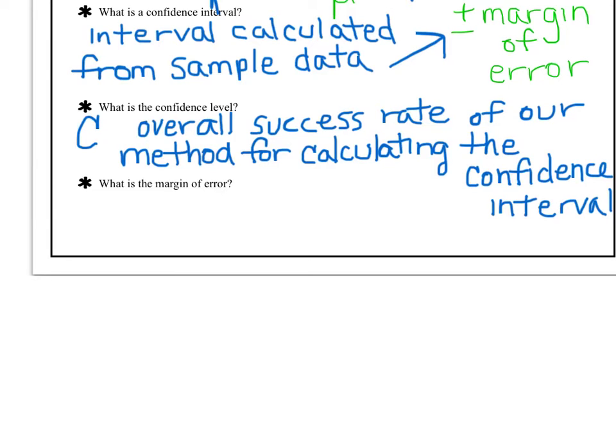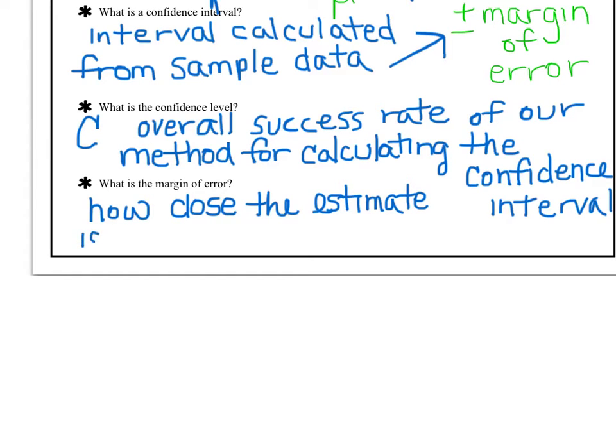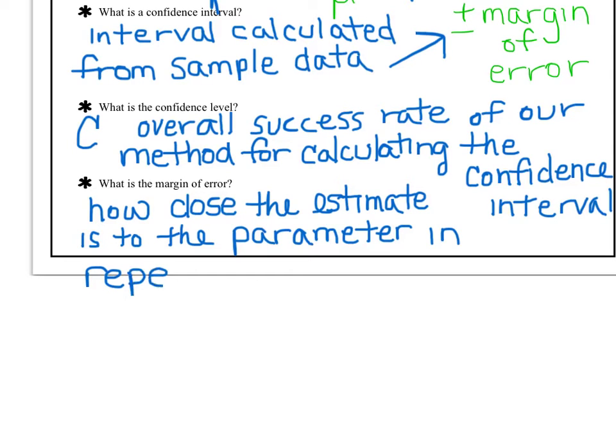The margin of error is just how close the estimate is, okay, so how close our X bar is to the parameter in repeated random sampling.